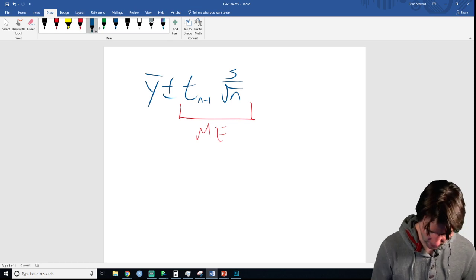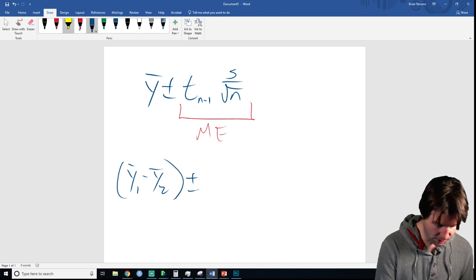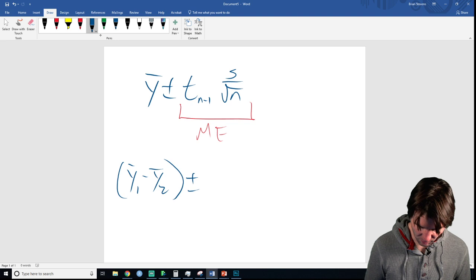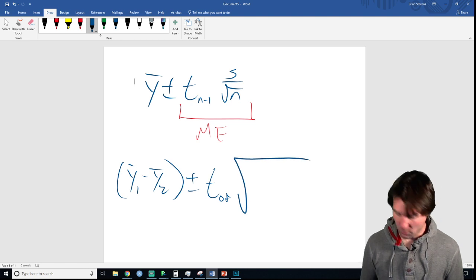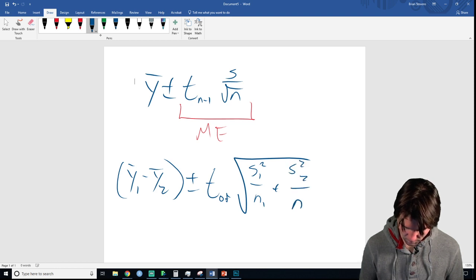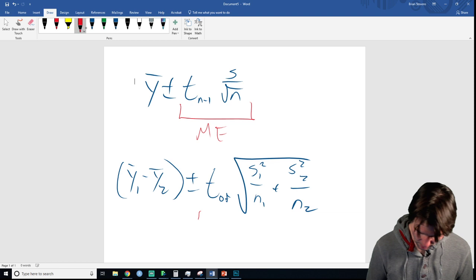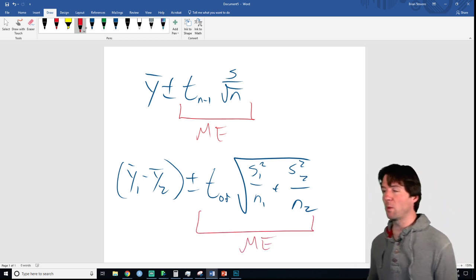And then the other margin of error is everything after the plus or minus is the margin of error. That's a subscript df. This 1 squared over n1. That is a margin of error right there. Remember, margin of error is everything.